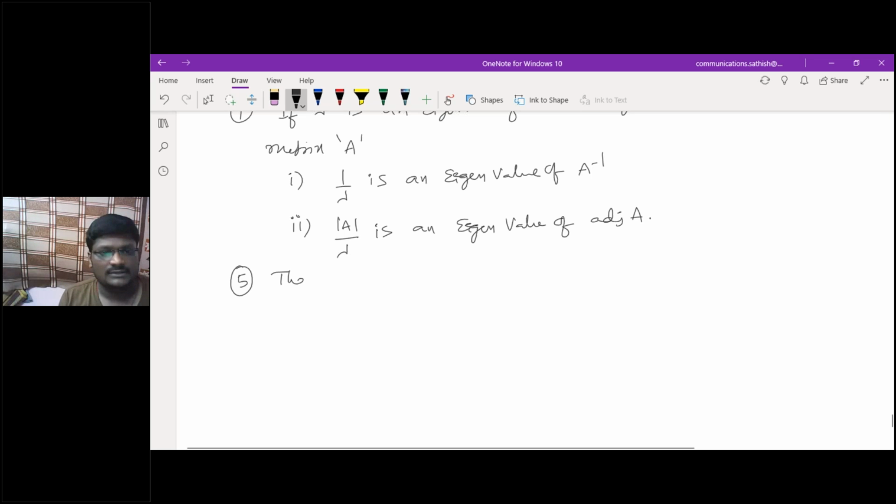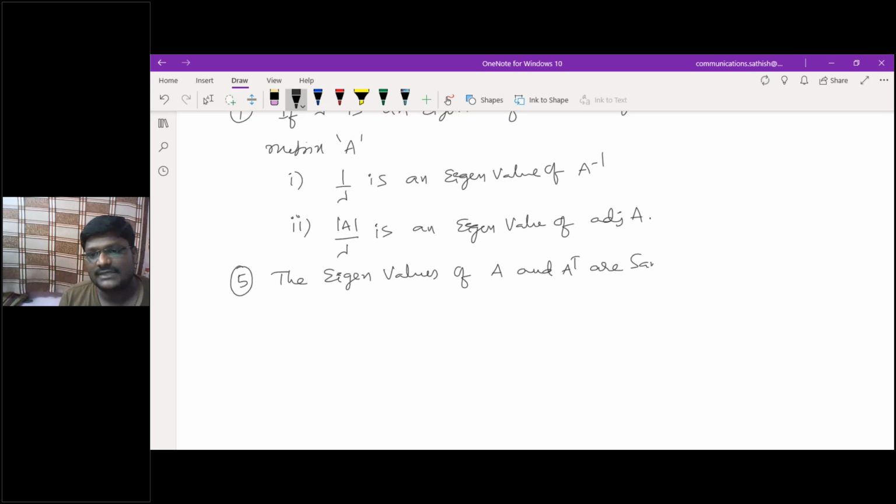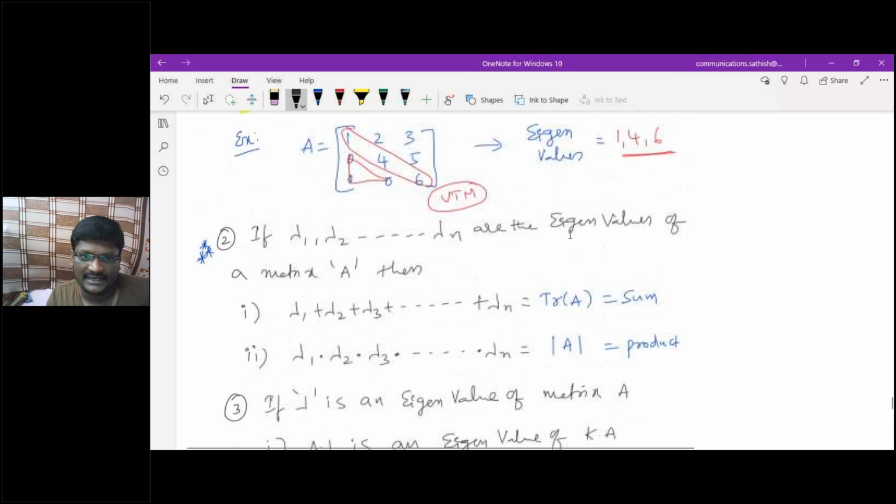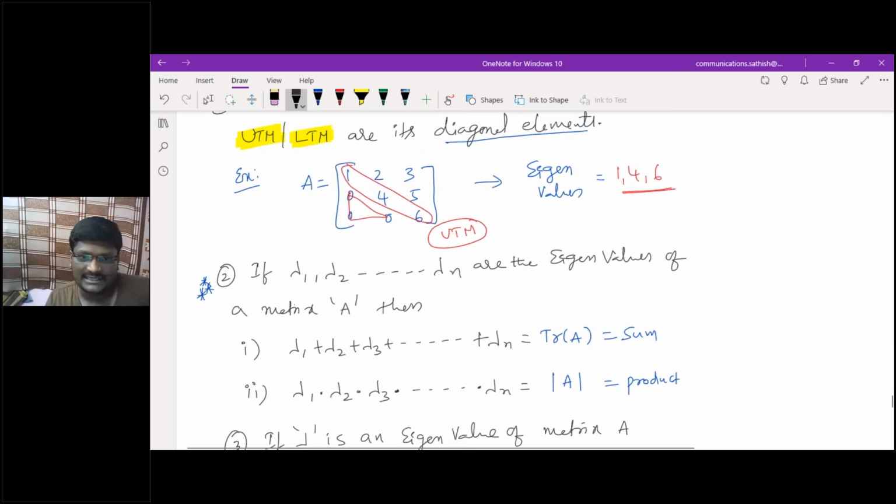Next one more: the eigenvalues of the matrix A and A transpose are the same. They don't change. You can cross verify it. In the first example, I gave you an upper triangular matrix. If you go with the transpose, the same 1, 4, 6 will happen. Can you try to check it?